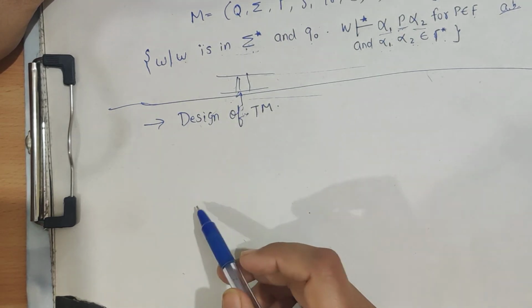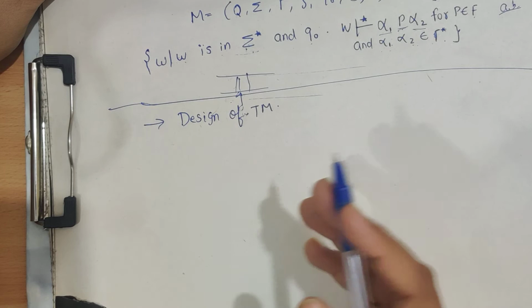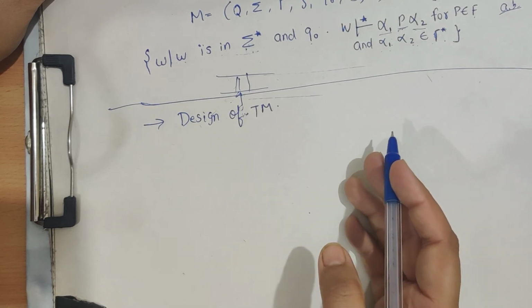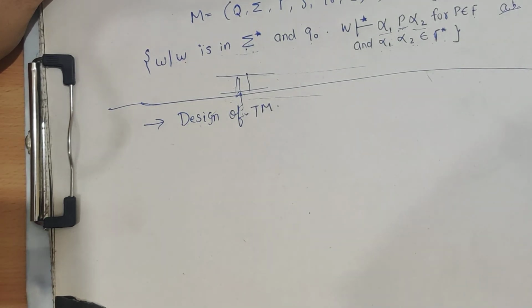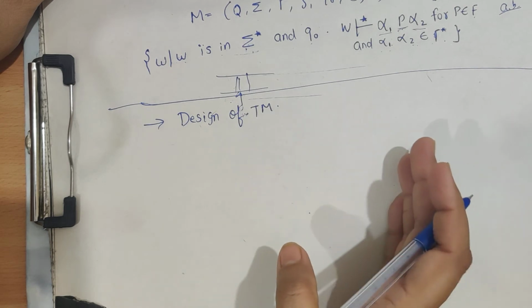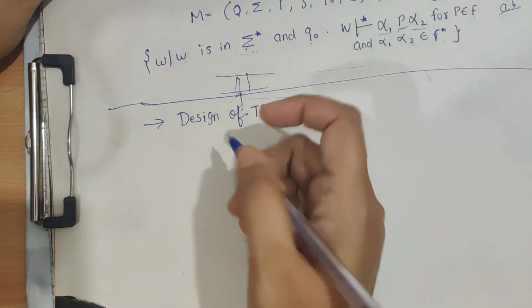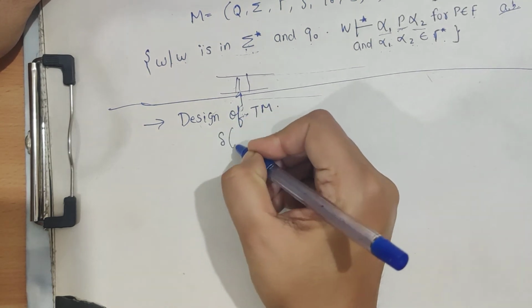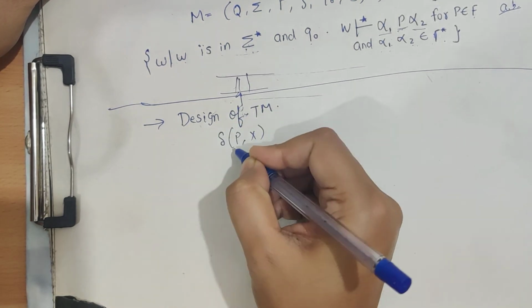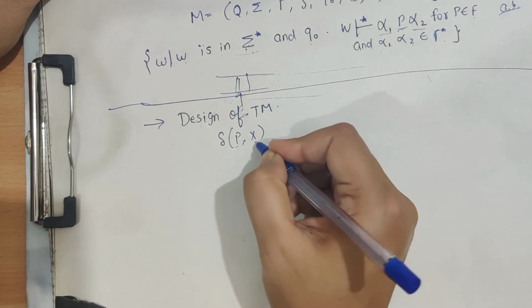An edge from state P to state Q is labeled by one or more items in this form. The transition is described as, for example, delta of P comma X: current state, current input symbol.